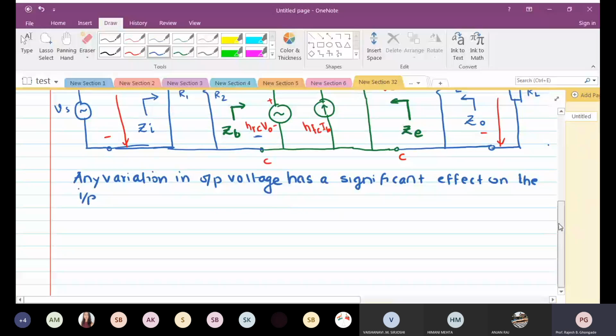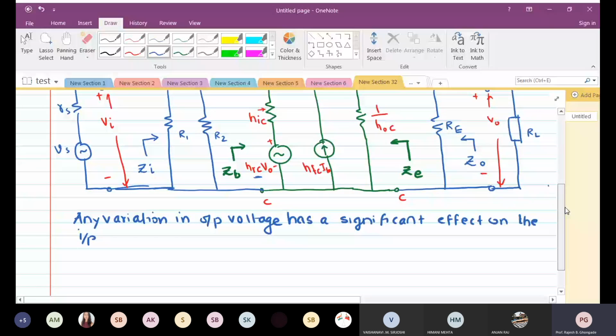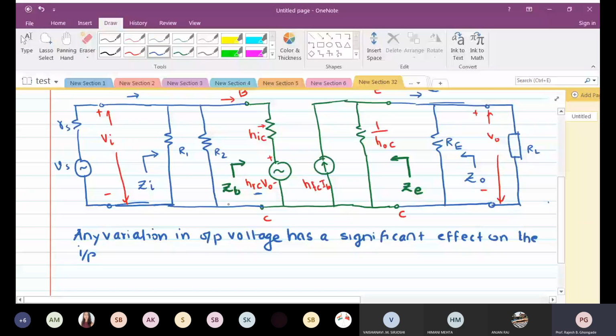How can we justify this statement? Because if you remember HRC, this is the HRC. What is the value of HRC? Yes, correct. HRC is equal to 1. So the entire output voltage appears at the input to this particular device.